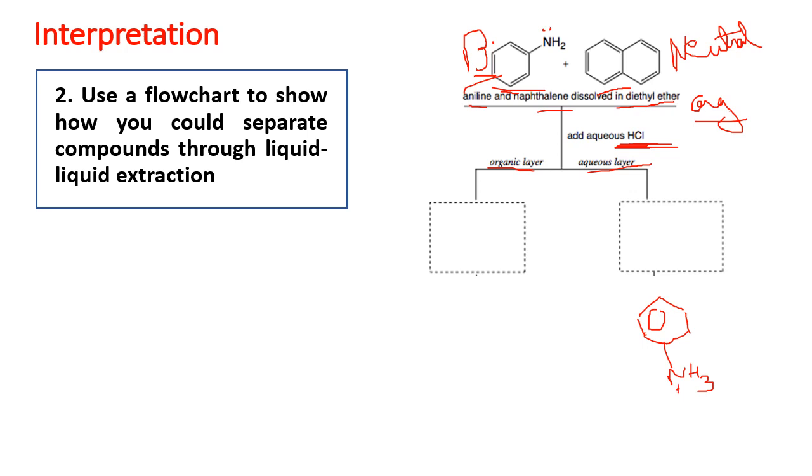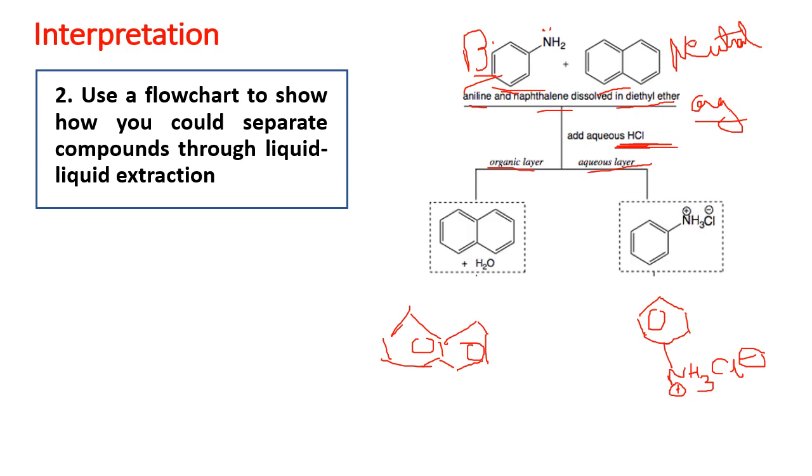NH3 plus and a Cl minus, as if you added this HCl to the NH2. Then what will be remaining in the organic layer? The other compound, which is what? The unionized hydrophobic naphthalene. And I apologize for my computer drawing.